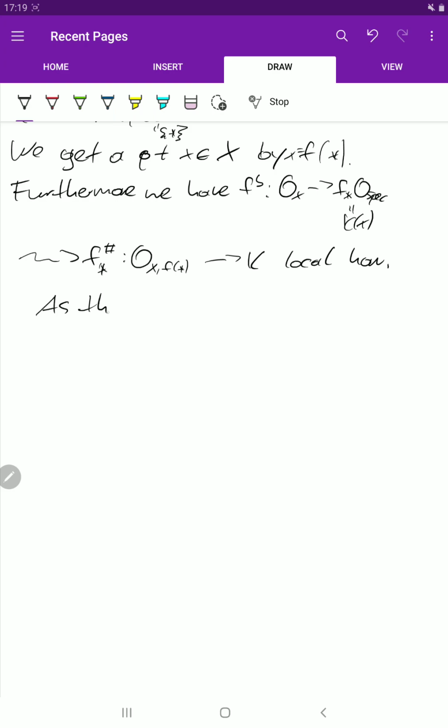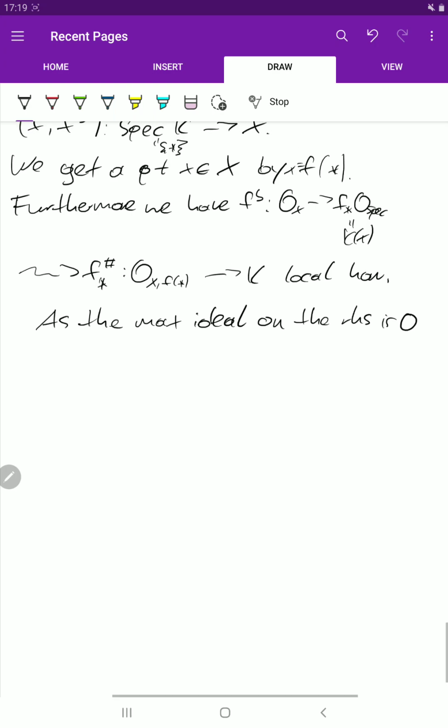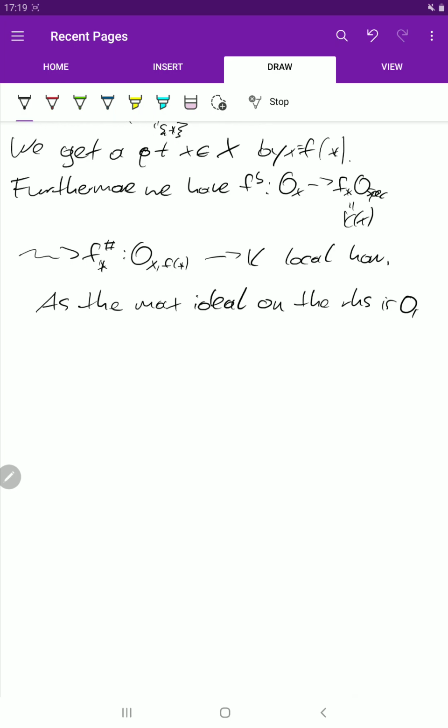On the right hand side we have a single maximal ideal because it's a local ring, but the maximal ideal on the right hand side is actually 0, so you can check that the stalk of the skyscraper sheaf at x is given just by K.